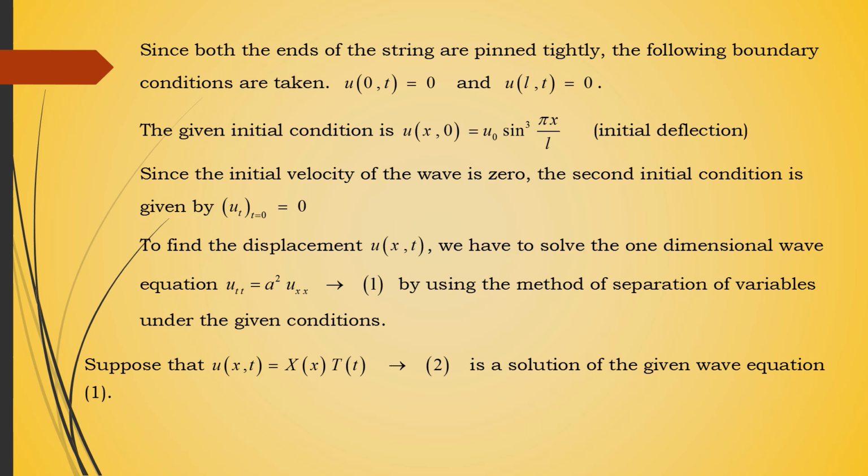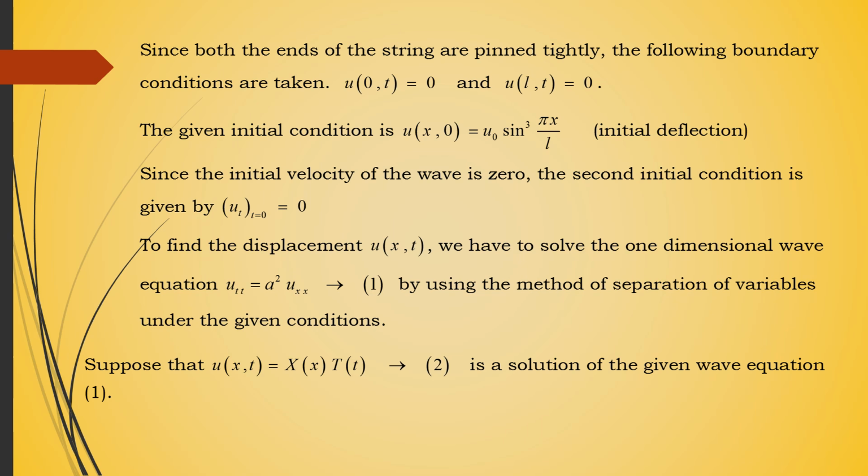So, u of 0 comma t equals 0 for all t. Similarly, the right end of the string is also tied tightly. So, the deflection or displacement at the right end of the string is also 0. That is our next condition, u of L comma t equals 0 for all t. These two are the given boundary conditions.